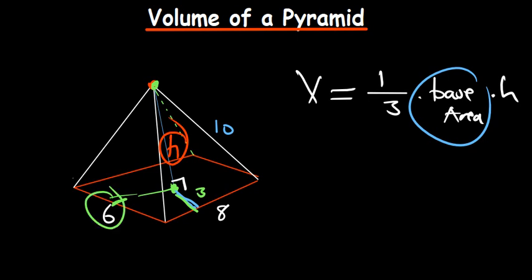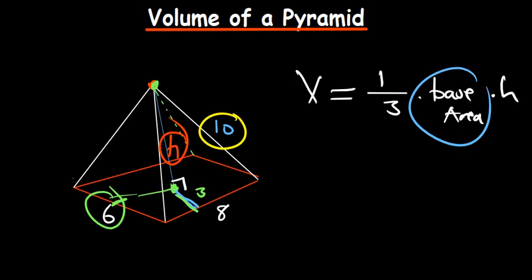The slant height becomes the longest side, so it's 10, because even here we can still draw that same slant height. Let me just draw it for you. It comes out this way, like this, so you're forming a triangle there.